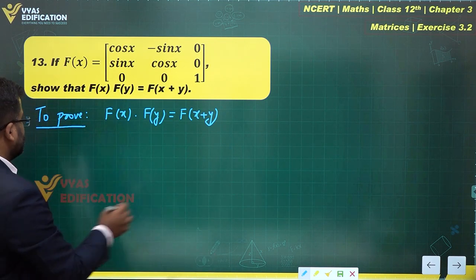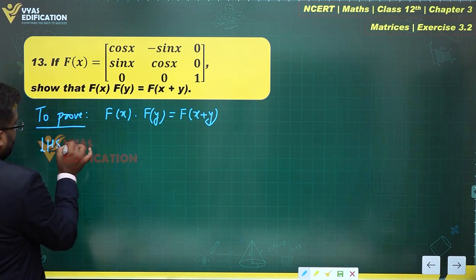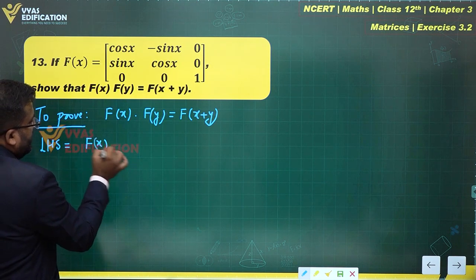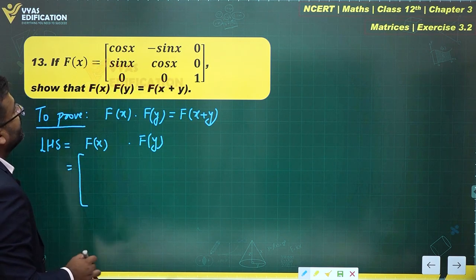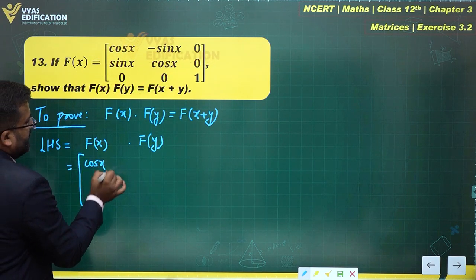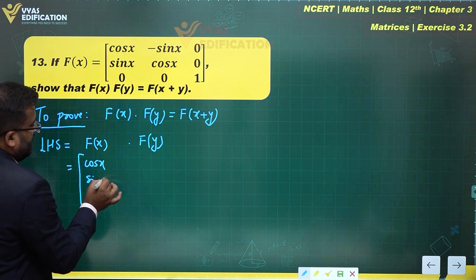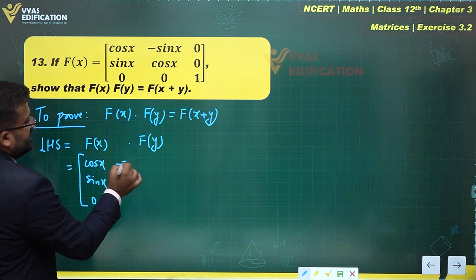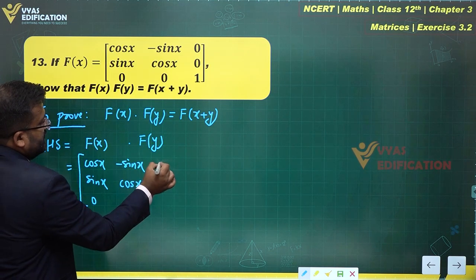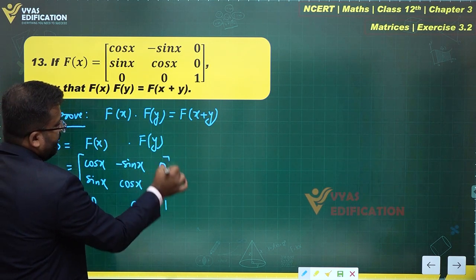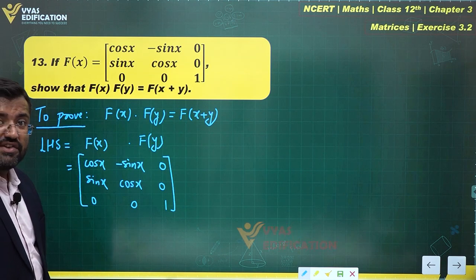So let's begin with the LHS. LHS is f(x) times f(y). Now what is f of x over here? This matrix is cos x, sin x, 0, minus sin x, cos x, 0, and 0, 0, 1. This is f of x, right?